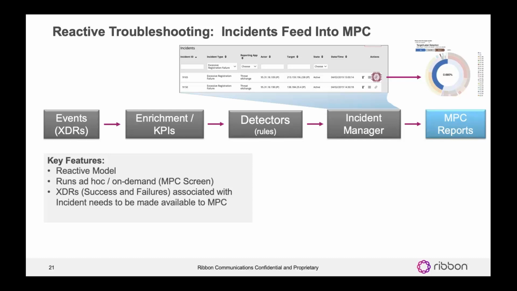So the rules that Walter was talking about, you could set up threshold crossing alarms, TCAs, and have a TCA expire. When that hits, we can then run MPC on the data sets within that time window. This allows us to analyze reactively based on how the network is behaving, and effectively gives us a tool for dealing with outages.